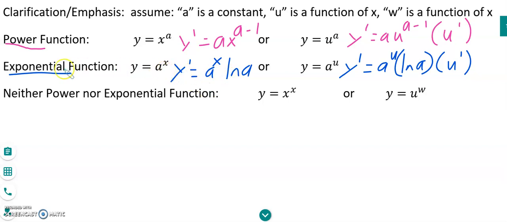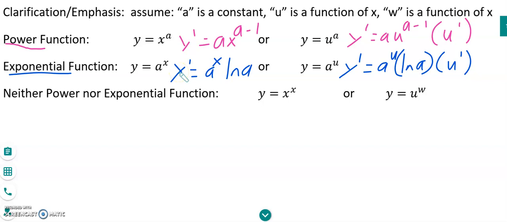And now again, I want to emphasize for the exponential functions, what we saw in the derivative of exponential functions video was that we showed this by doing what we call logarithmic differentiation. Now, just to refresh your memory, logarithmic differentiation is where the very first step is for us to take the natural log of both sides of the equation so that we can then bring the exponent down and do implicit differentiation on both sides, and then ultimately solve for y prime.